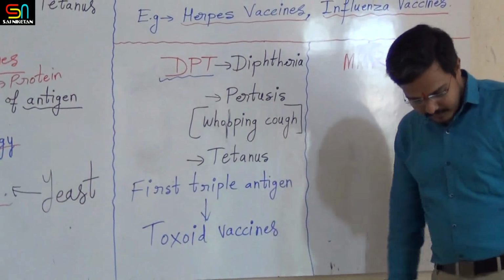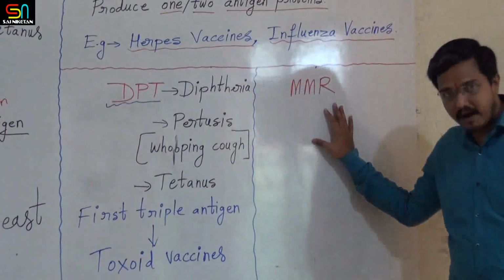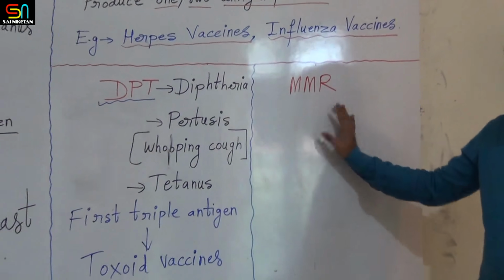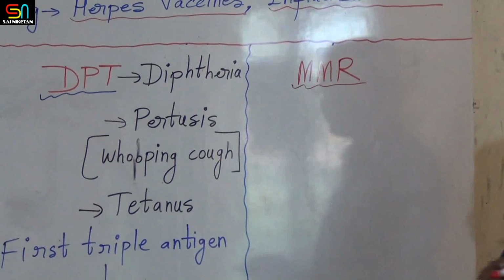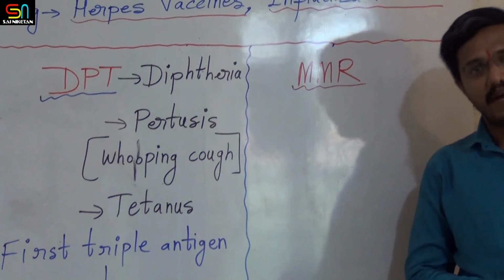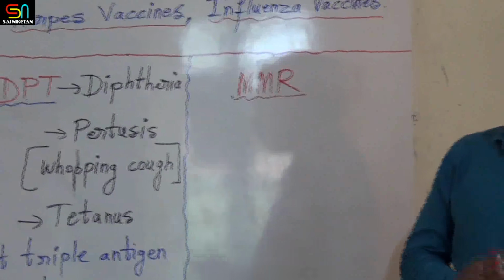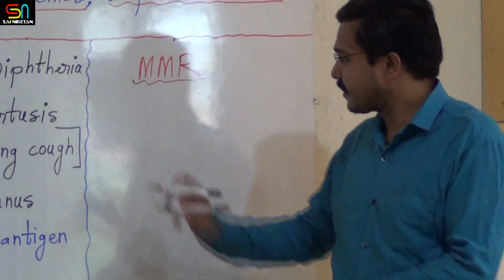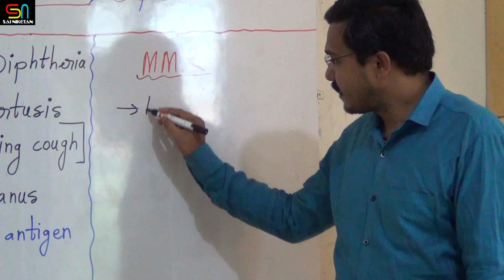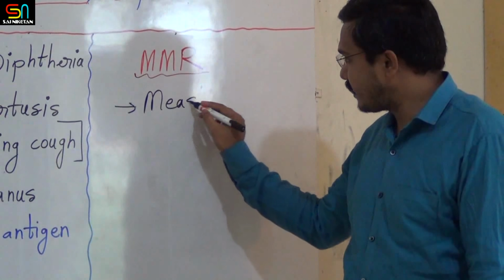Similarly, one more vaccine you might have heard about, that is called MMR, right? MMR. So this is also a triple antigen vaccine, but this is given for viral diseases. Here M stands for the disease called measles, right?